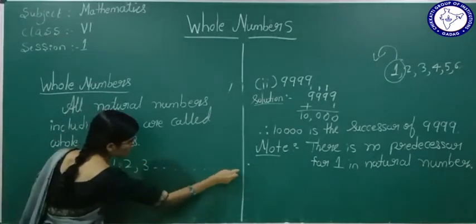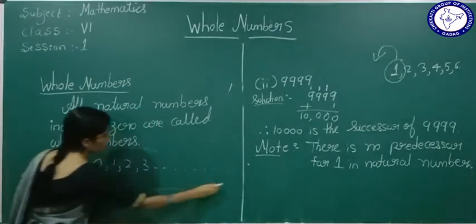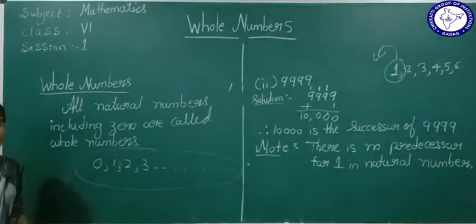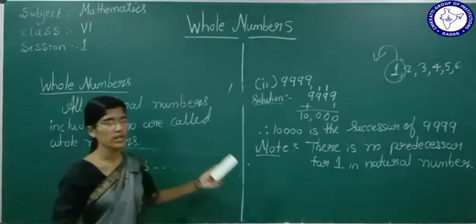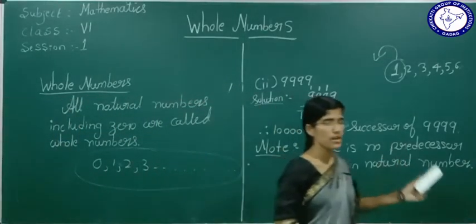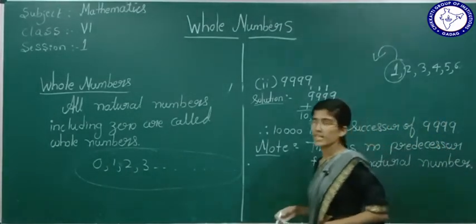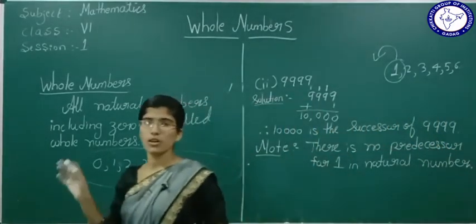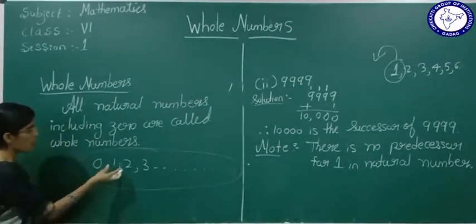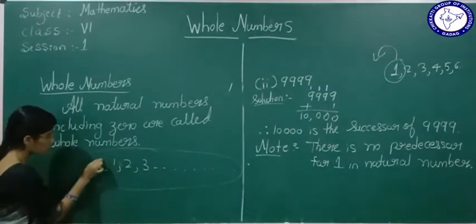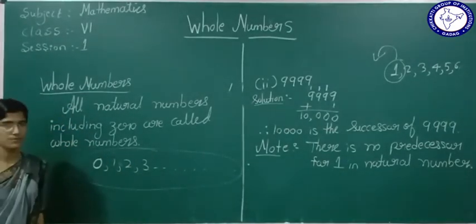All natural numbers including 0, this is nothing but a whole number. Whole numbers will start from 0: 0, 1, 2, 3, 4, 5, 6, 7, 8, it goes on continuing, but we don't know where it will end. Whole numbers means all natural numbers including 0.